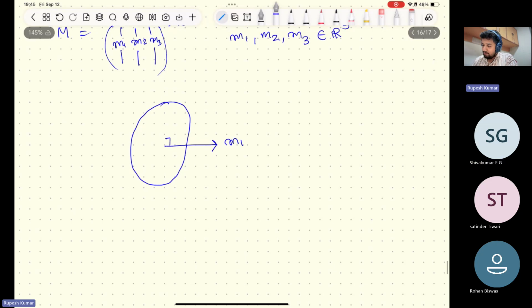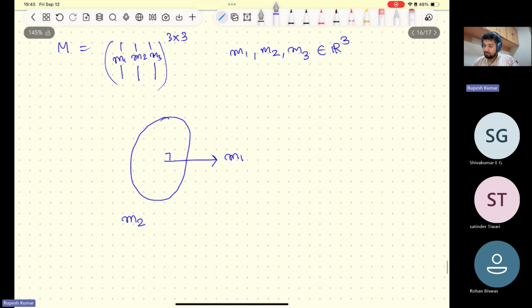Now, let's say we have a vector M2, which is another vector in the space, right?